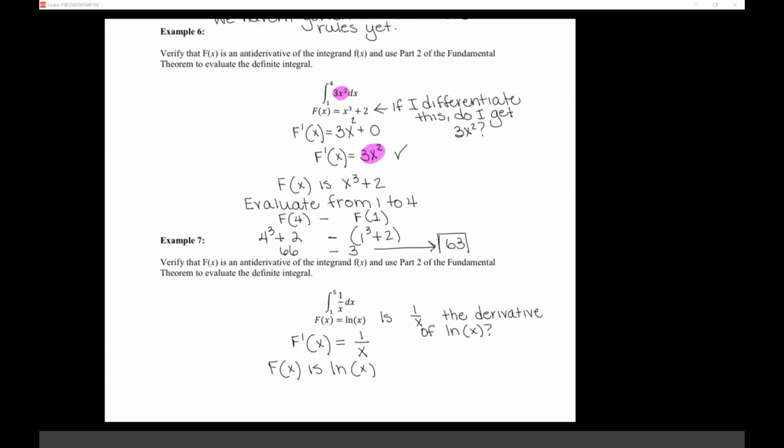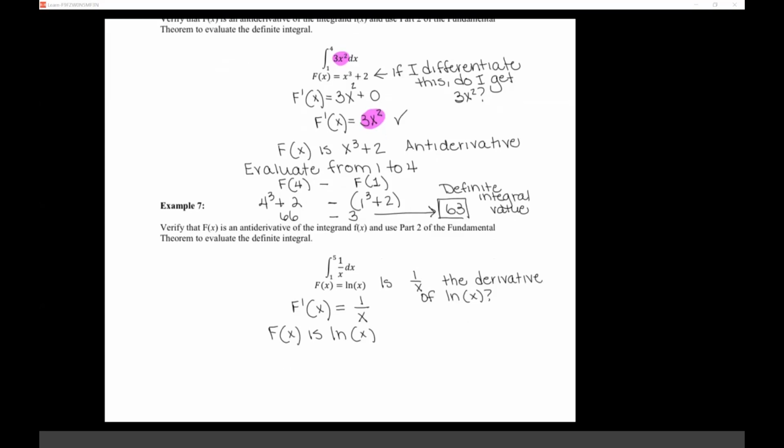That's the value of the integral from 1 to 4. So you could see this is the antiderivative, that's a function, and this is the definite integral value from 1 to 4. So that's the accumulated area under the curve.